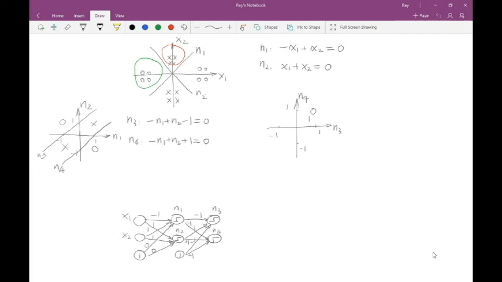So at point -1, +1 in N3, N4 space, we draw a cross. And finally, for all points below line N3 and line N4, we get -1 and -1, and they belong to the circle class. So we draw a circle at point -1, -1. In N3, N4 space, we only need one line to separate the two classes. We call it N5.